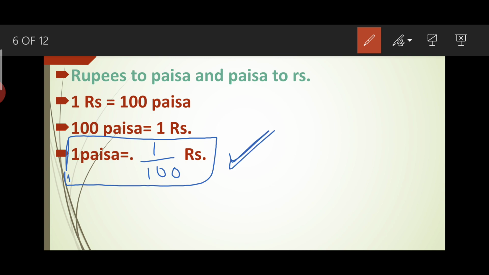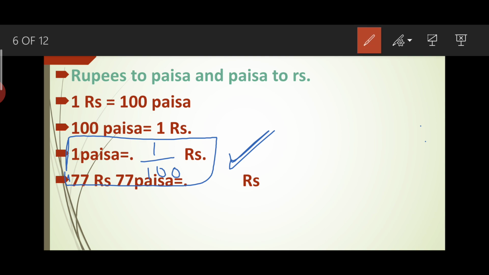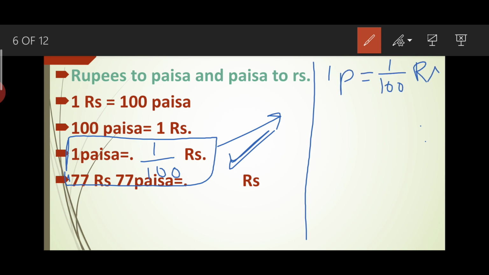Now moving on, what you have to do, you have to find the value of 77 rupees and 77 paisa. How will we do it? Let us see here. See, as we have seen here that 1 paisa is equal to 1 upon 100 rupees.